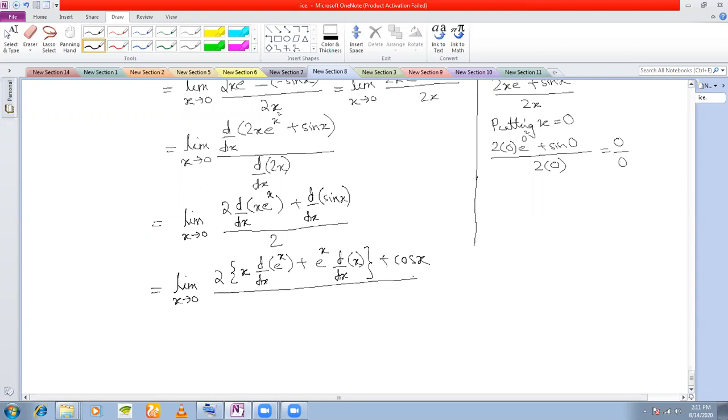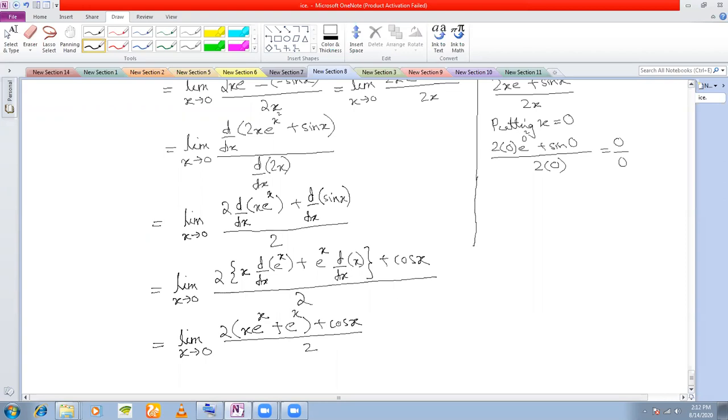All this divided by 2, which is equal to limit x tends to 0 twice. Now x, what is d/dx of e to the power of x? It is e to the power of x. So you get x e to the power of x, and d/dx of x is 1. You simply get e to the power of x plus cos x, divided by 2.